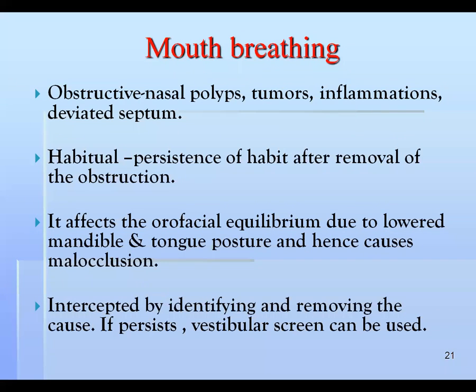Mouth breathing affects the orofacial equilibrium due to lowered mandible and tongue posture and hence causes malocclusion. It is intercepted by identifying and removing the causes. If it persists, a vestibular splint can be used for treating the mouth breathing.